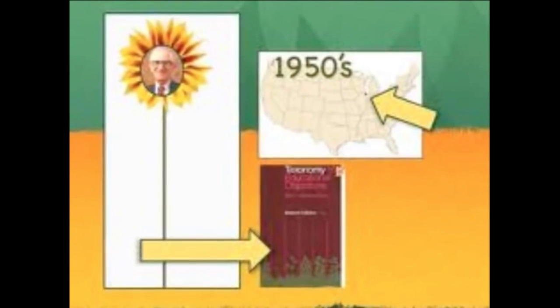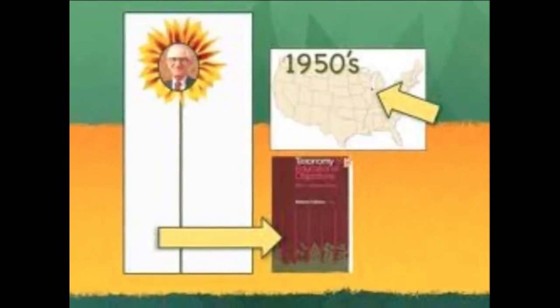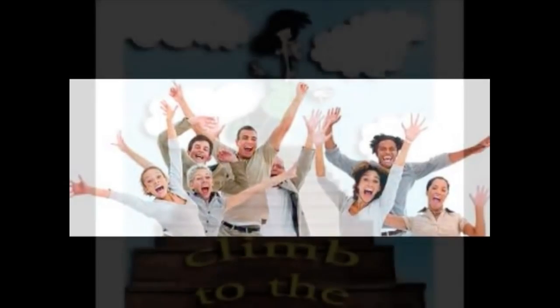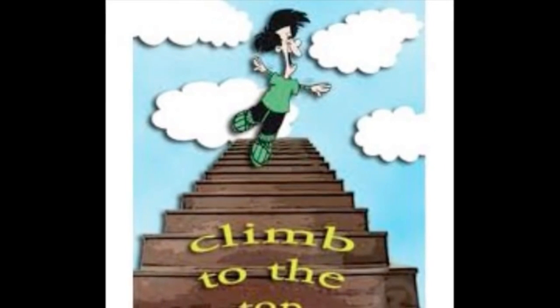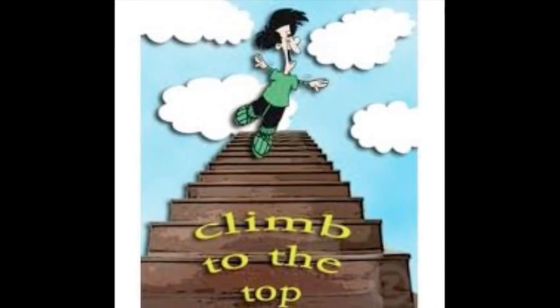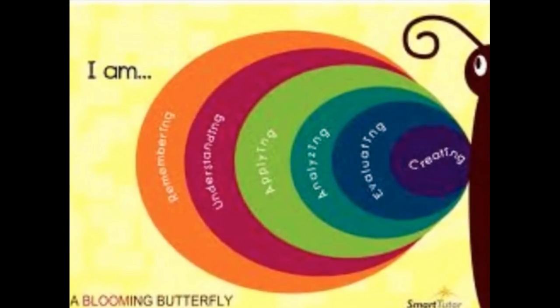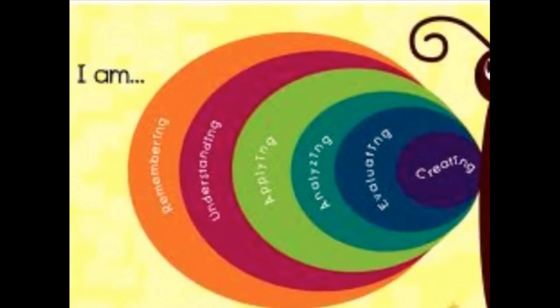Bloom's taxonomy divides the educational learning objectives into 3 areas or domains: cognitive, affective, and psychomotor. The goal of Bloom's taxonomy is to motivate educators to focus on all 3 areas, creating a more rounded form of education. One area that I would like to focus on is the cognitive domain or thinking skills. According to Bloom's taxonomy, this domain can be broken down into 6 categories.